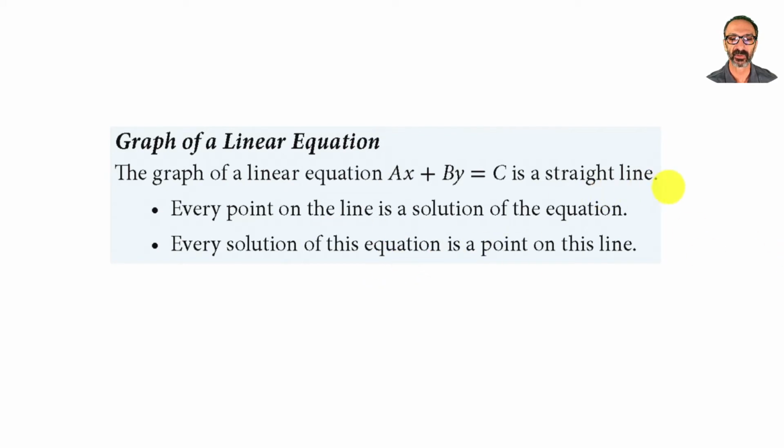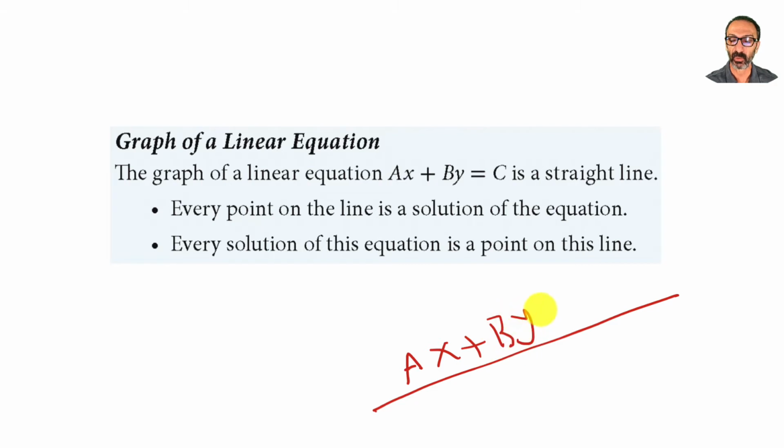So what they're trying to say is, if you have a line that is graphed and is represented by ax plus by equals c, any point that belongs to the line will fit right here and make this true. And any point that makes this true will also fit on the line. That's what they're saying.